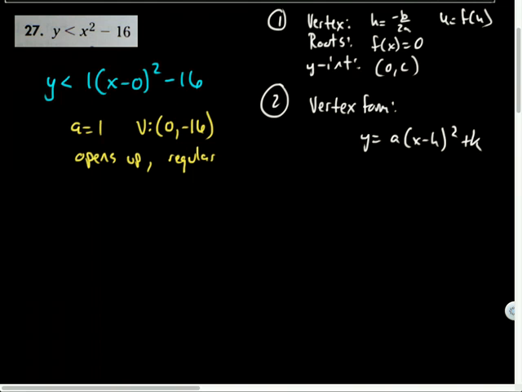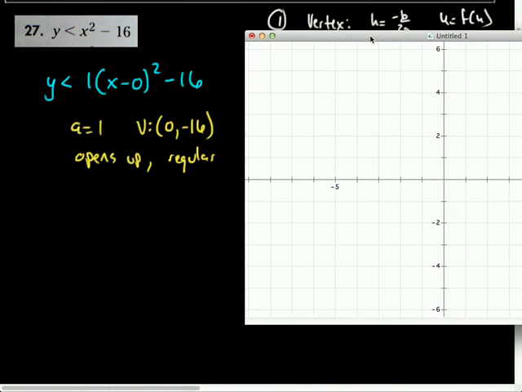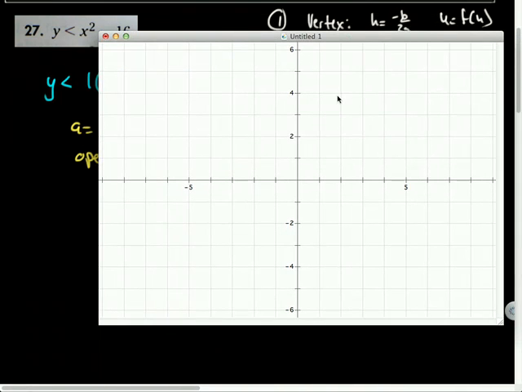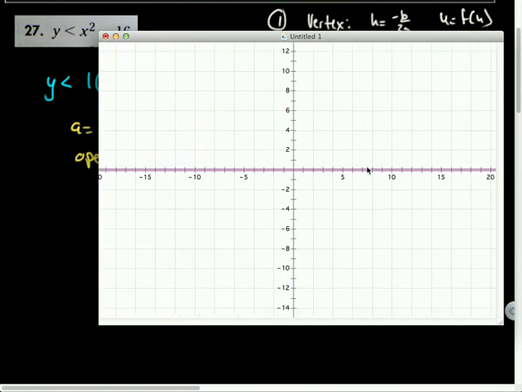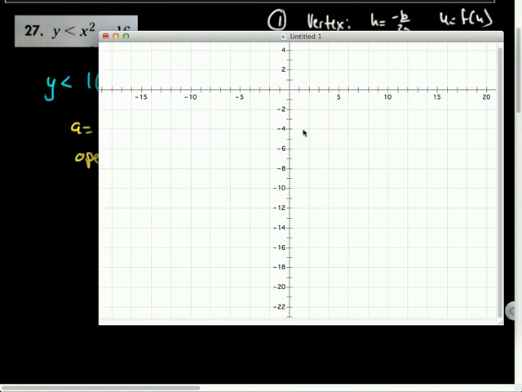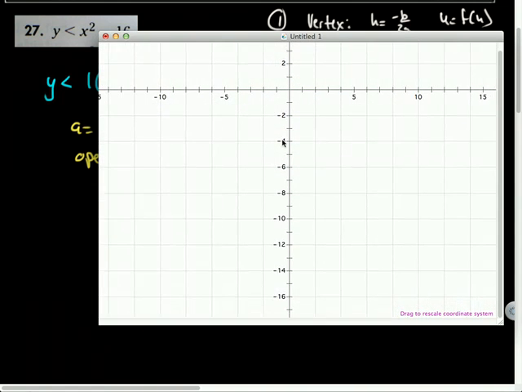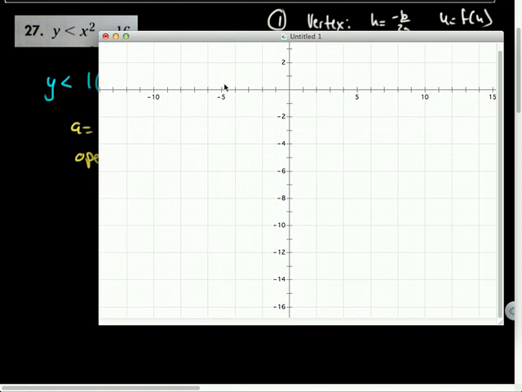So let me, in fact, grab some graph paper here. Let's see, it's at negative 16. Oh man, this is crazy. So I gotta get all the way down to negative 16. I'm just trying to fit it in my window a little bit.